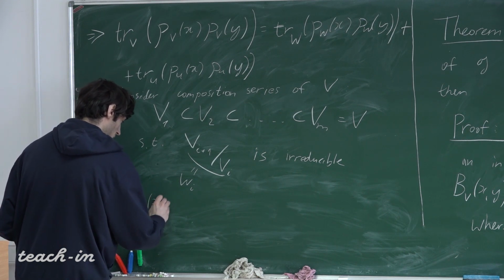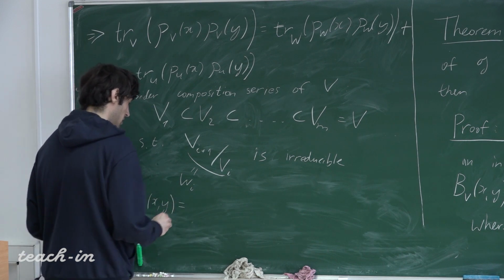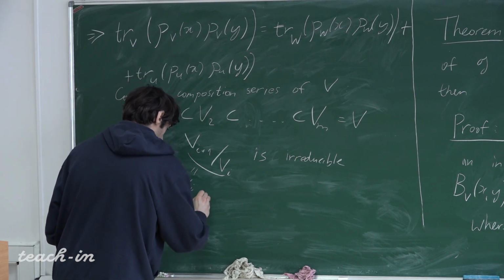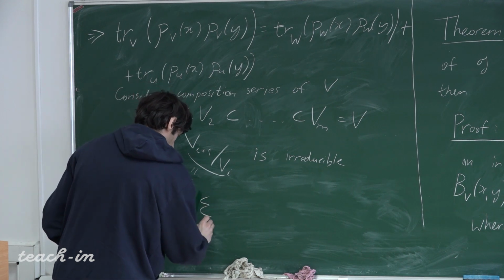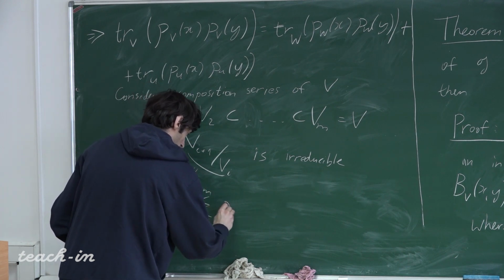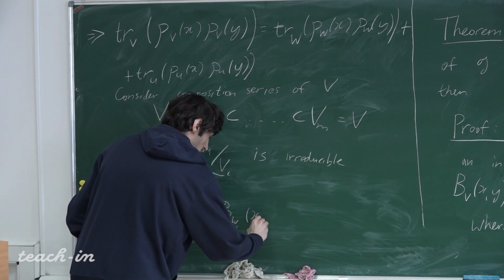Bv of xy is the sum over i from 1 to m of bWi of xy.